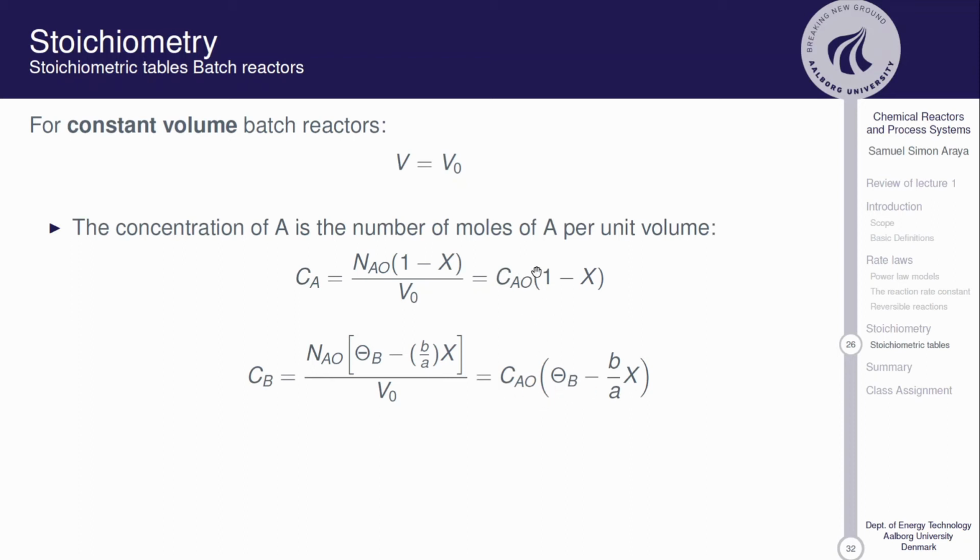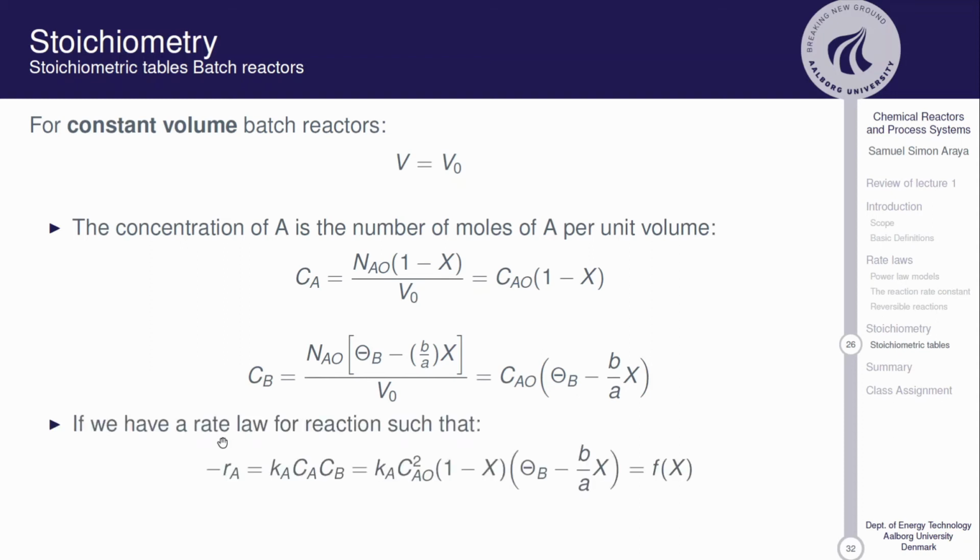So this way we also have related the concentration of B to the concentration of A. The idea here is to express everything as a concentration of A and conversion. So the concentration of A is a function of CA0 and conversion, and the concentration of B is a function of the initial concentration of A and conversion.